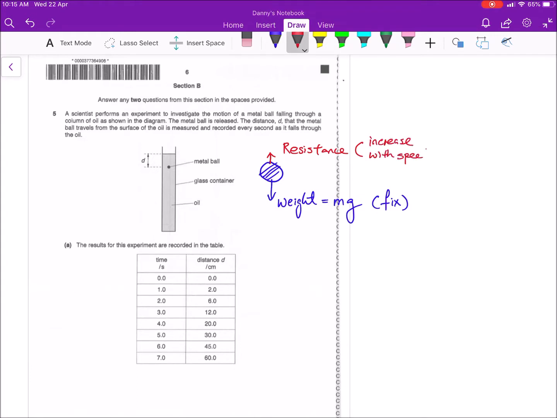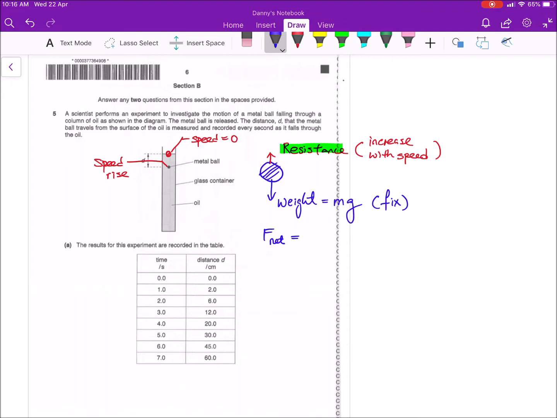So at the very beginning, when you first drop the metal ball, you will have speed equal to 0. So at this point, your only force acting on it will be the weight. But as it goes down, the speed will increase. And as the speed increases, the resistance will go up. And there will be a point in time whereby the weight is equal to the resistance.